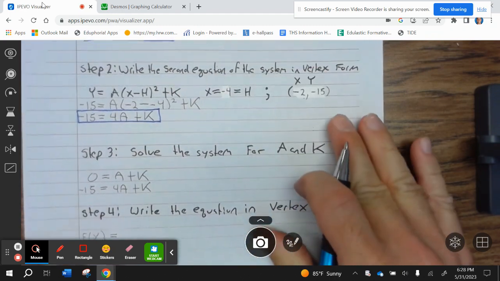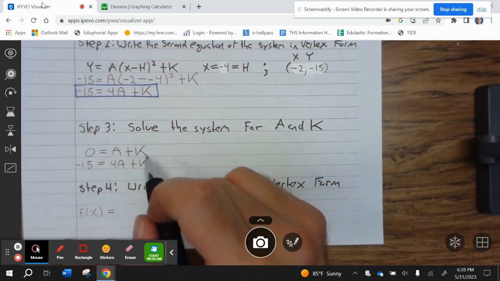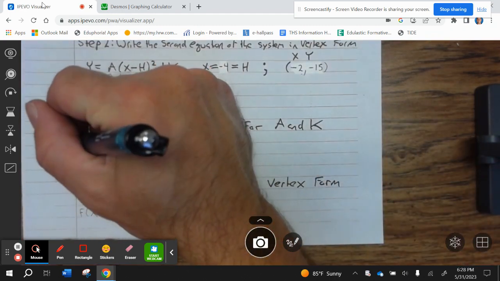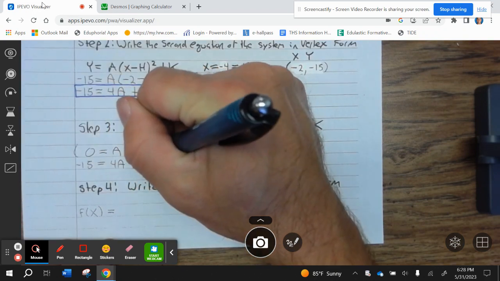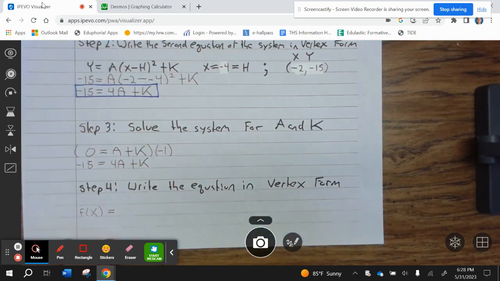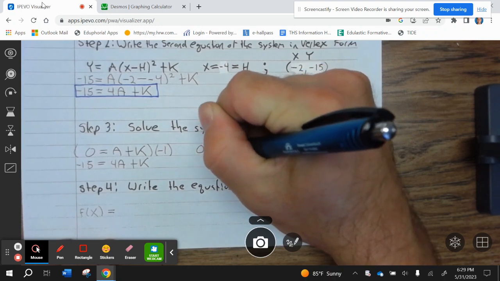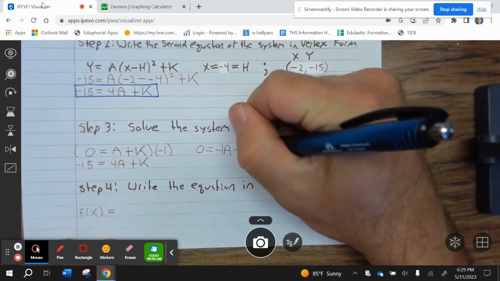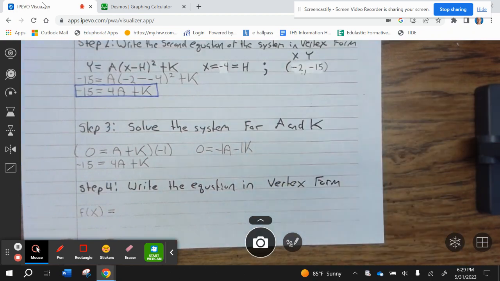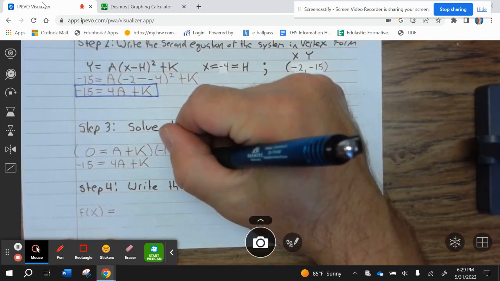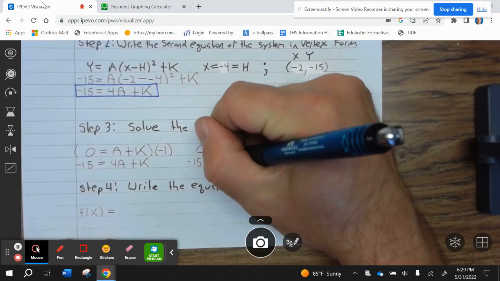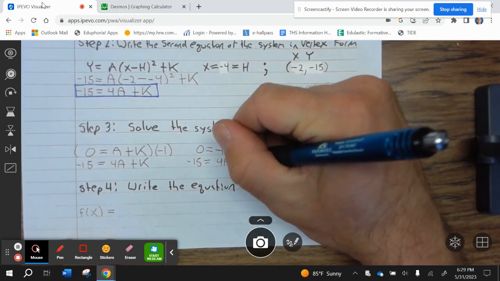Now, to solve, we can use elimination. Let's go ahead and multiply the first equation by negative 1, so the k's will cancel. So you have 0 equals negative 1a minus 1k, and that equals negative 15 equals 4a plus k.